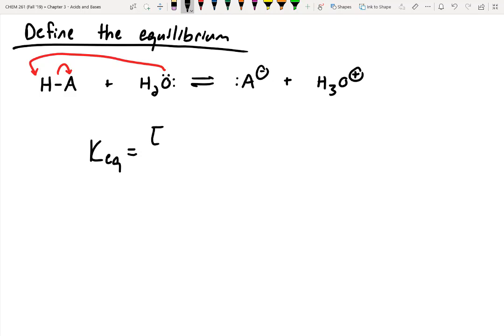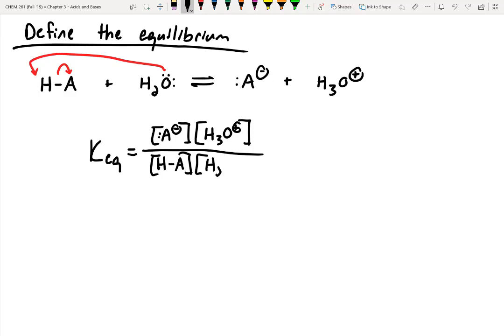So on top, we would say the concentration of that conjugate base times the concentration of hydronium ion, over the concentration of our original acid times the concentration of water is going to be KEQ. And remember, this is large K, not small k. What's small k? Rate constants. We're not talking about rate, we're just talking about the end concentration after equilibrium has been achieved.